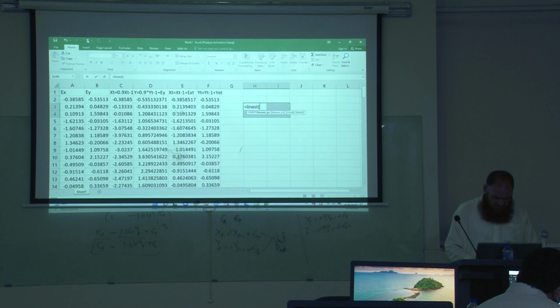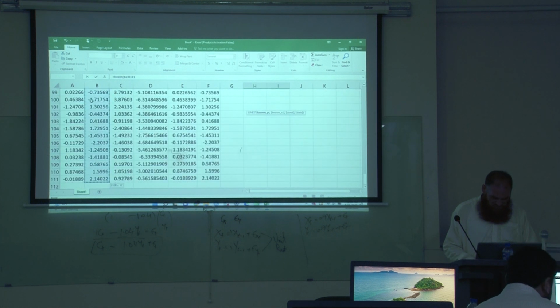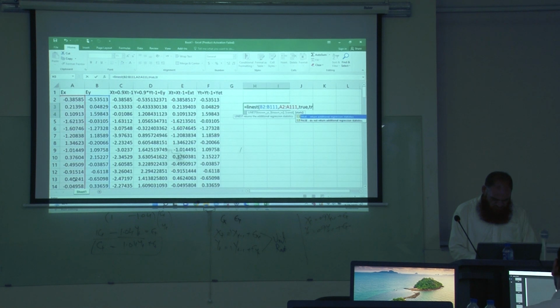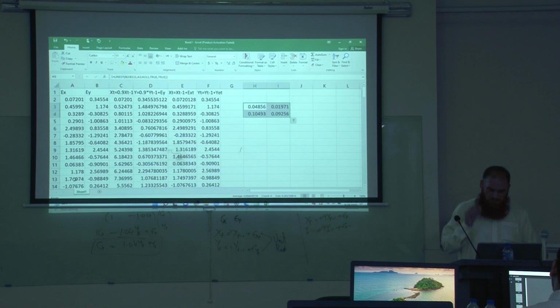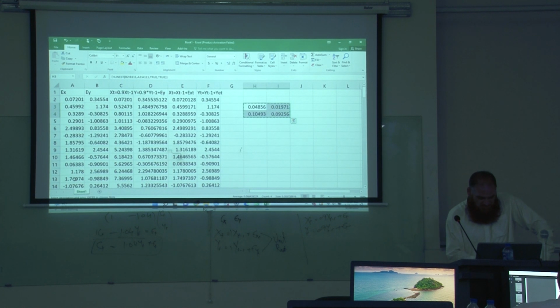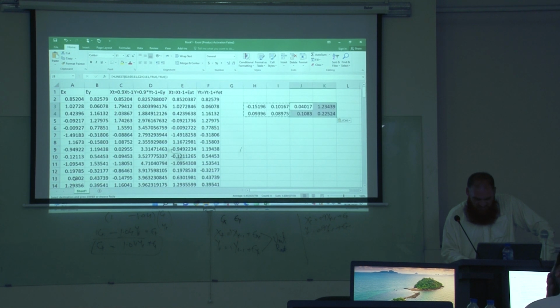I am regressing this IID series Y on the IID series X. And then I am copying the same formula to get another regression.